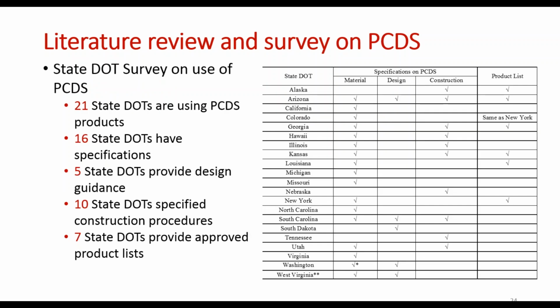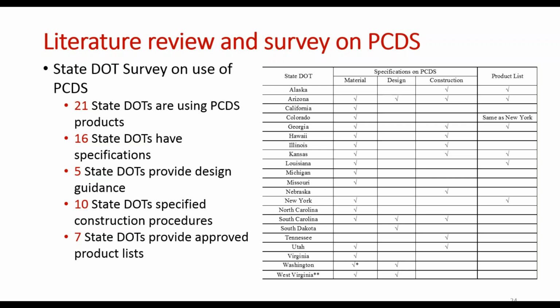We also searched the specifications from different DOTs, and we found 21 state DOTs are using PCDS products, and 16 of them have specifications. 5 of them provide design guidance, and 10 of them specify the procedures during construction as well. And 7 of them provided an approved product list.